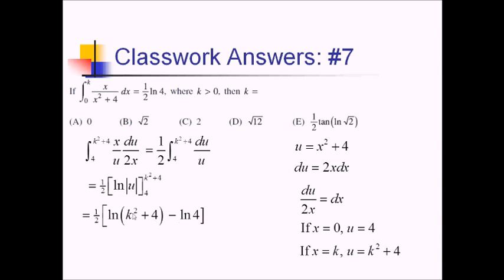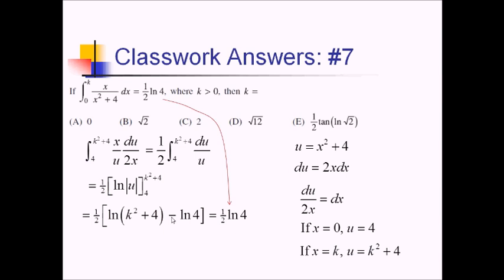Now, where do we go from here? This is where we remember that this integral equals 1/2 ln of 4. So I'm going to put this down here and create an equation that I can solve for k. Going through the algebra, I can cancel out these 1/2s. I'm also going to combine the logs on the left side.